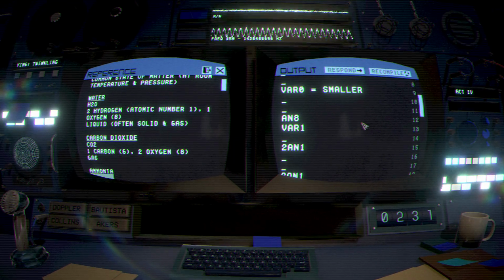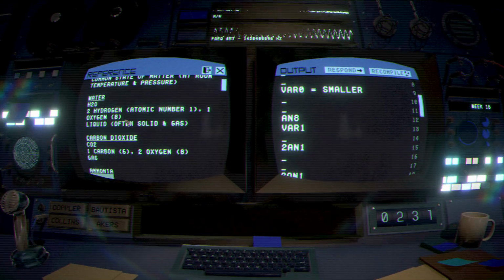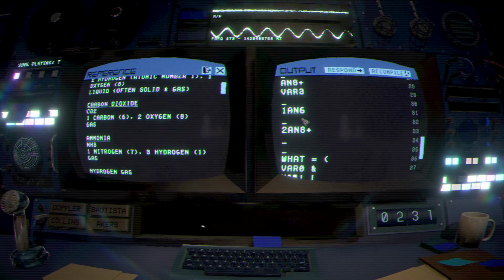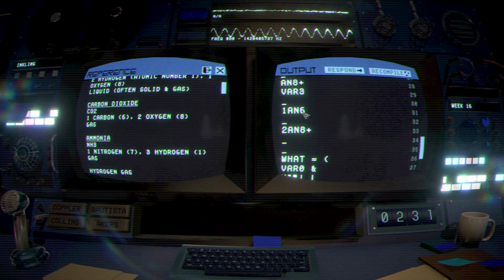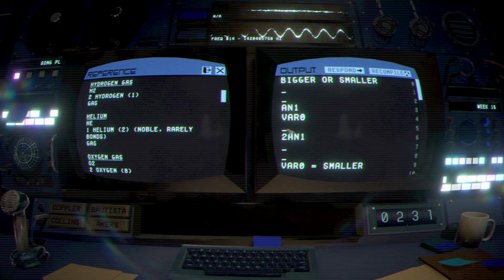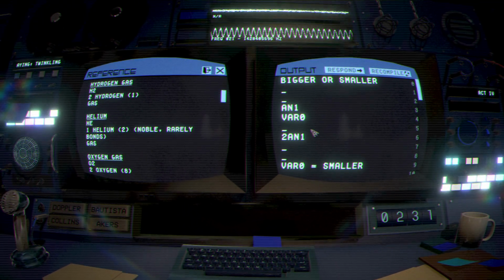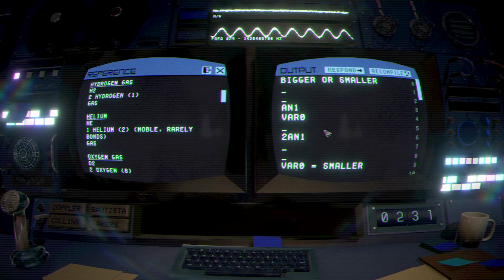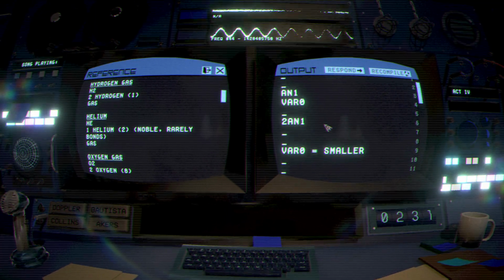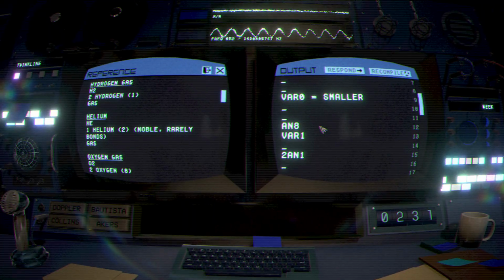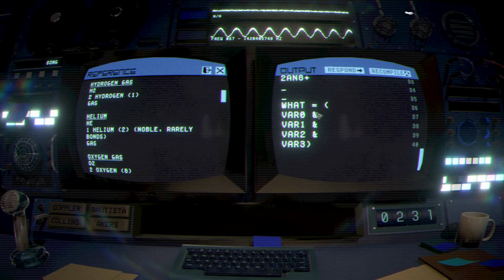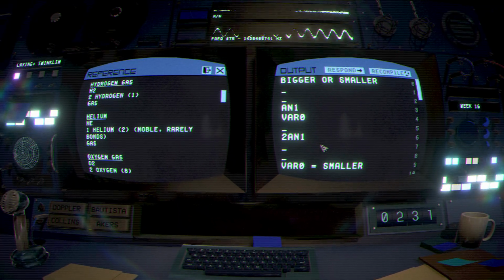Here we go. Really trying to understand. Bigger or smaller?